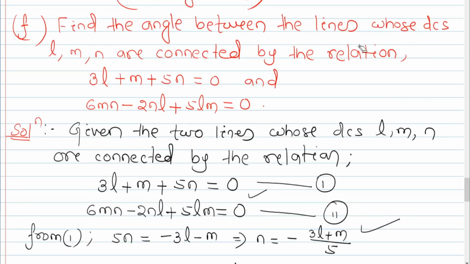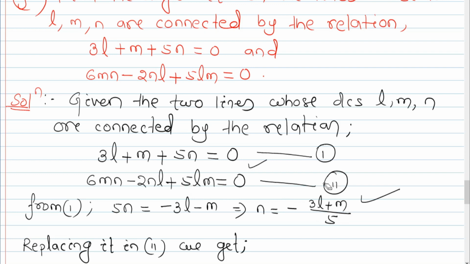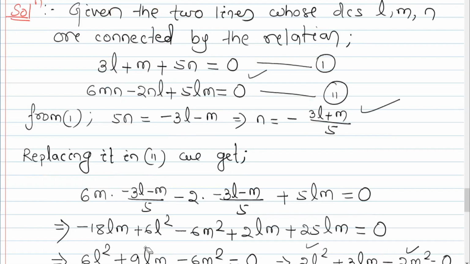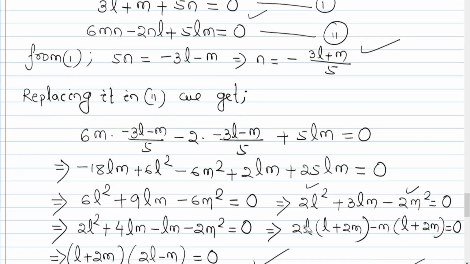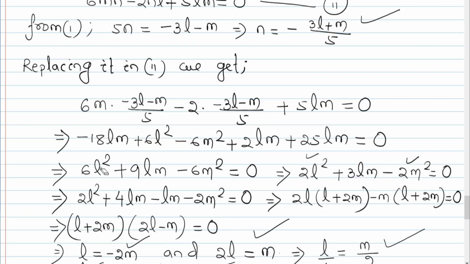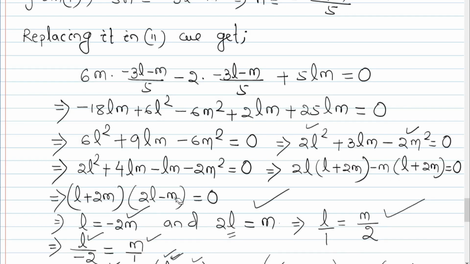Find the angle between the lines whose DCs are connected by the two relations. From the relation given, we find the value of n and put it in the next relation. 5n is equal to minus 3l minus m, and n is equal to that value, which we put in the second equation. Then we get a relation between l and m, a quadratic equation: 6l² + 9lm - 6m² = 0. Dividing by 3, 2l² + 3lm - 2m² = 0. Factorizing by the middle term, we get the relations l + 2m = 0 and 2l - m = 0.